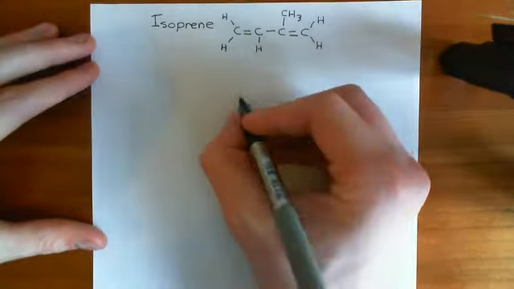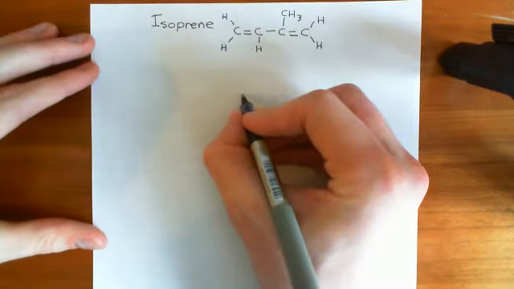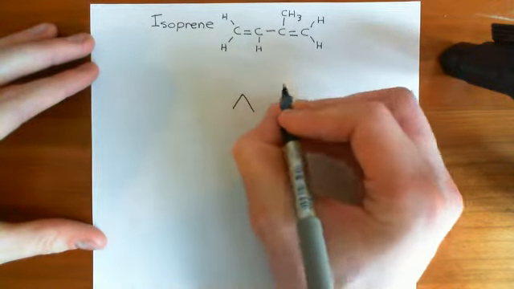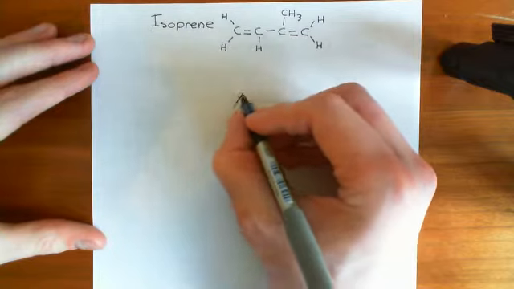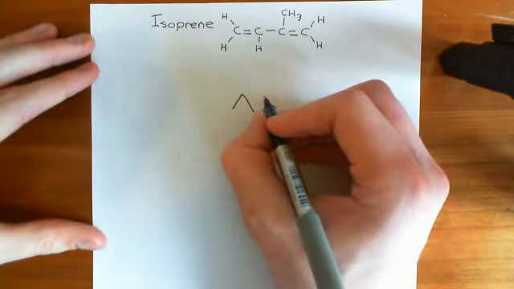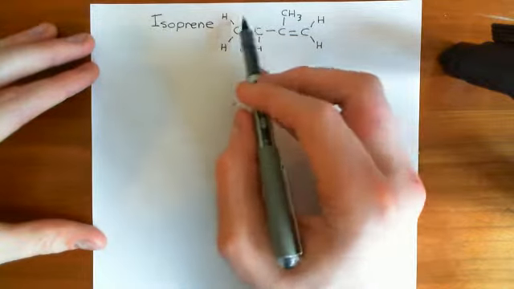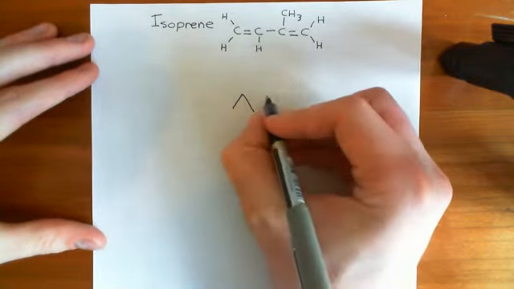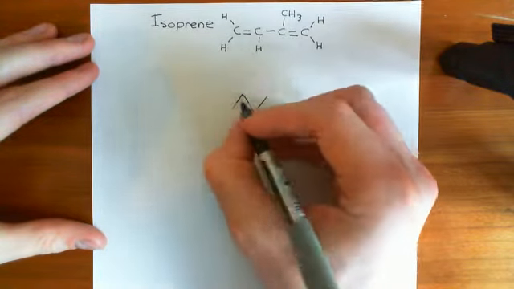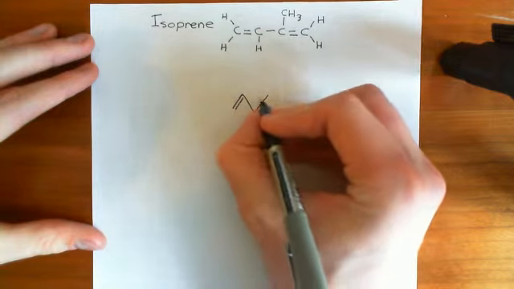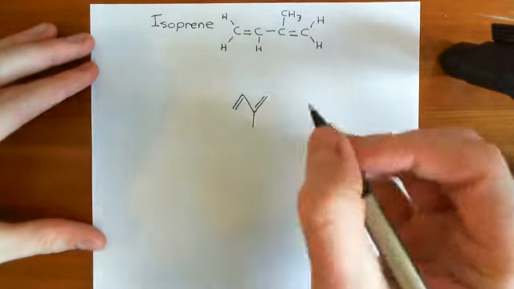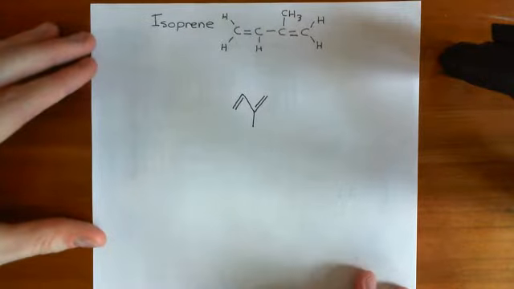Now if we want to draw the skeletal structure, it's a lot simpler. In skeletal structures we don't show carbon atoms, they are implicitly shown as corners, and we don't show hydrogen atoms coming off carbon atoms, so you can imagine that this is going to be a very simple skeletal structure. Here are the 4 carbons that make up the backbone, and then you'll have a double bond here, a double bond here, and then a methyl group coming off like so.